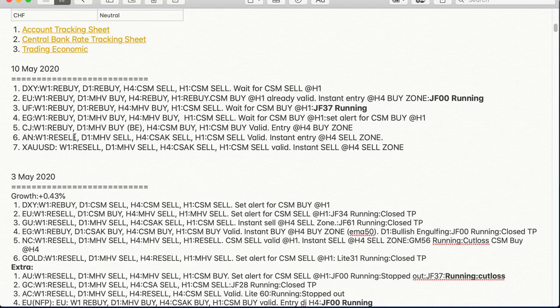CAD Yen is an instant buy, AUD NZD instant sell as well, and gold instant sell.